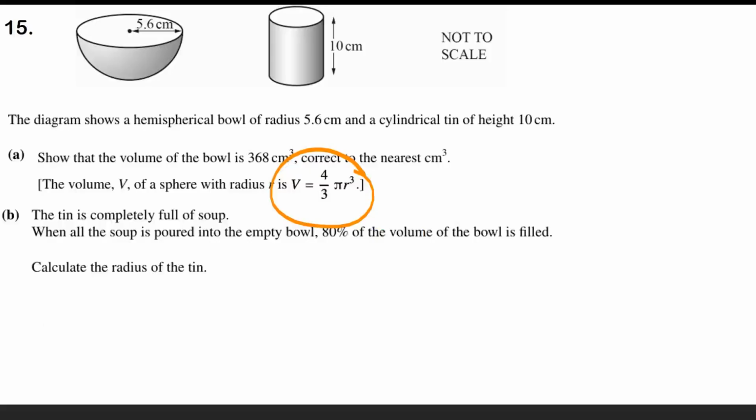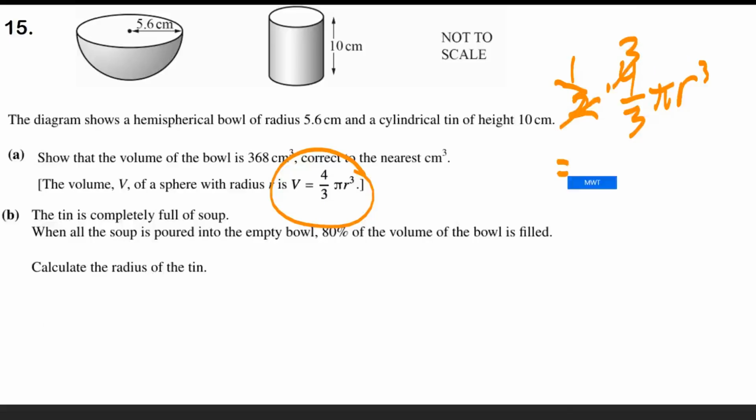Now, a hemisphere is half of the sphere. Therefore, you will take the half of 4/3 pi r cubed. So you can cancel 2, 4 divided by 2. So you have 2/3.